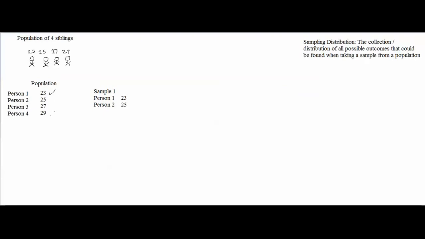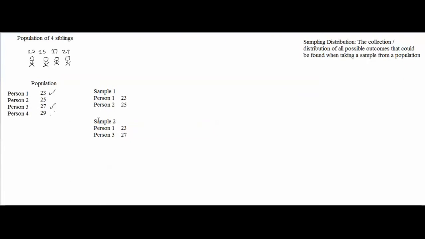I'll move this check mark down to person 3. And the ages of person 1 and person 3 are 23 and 27. So if we select person 1 and person 3 to be our sample, and we record their ages, these will be the 2 ages that we're recording, 23 and 27, and this will be our data set.